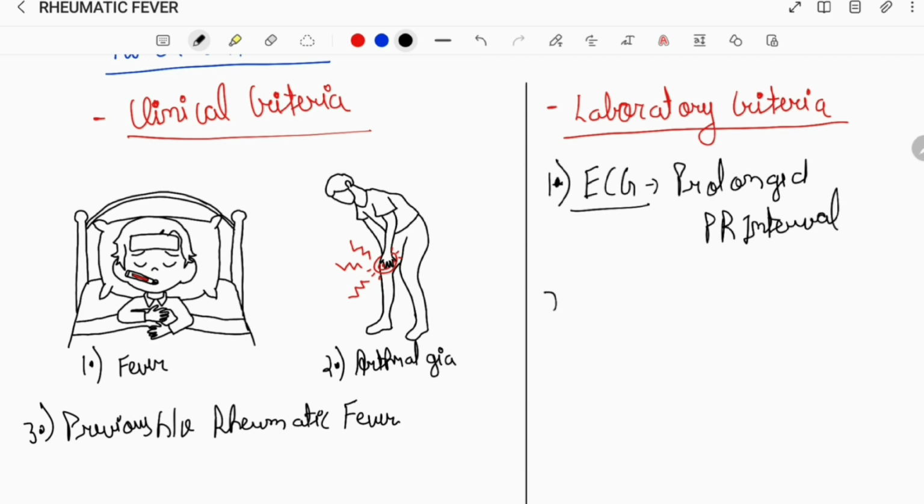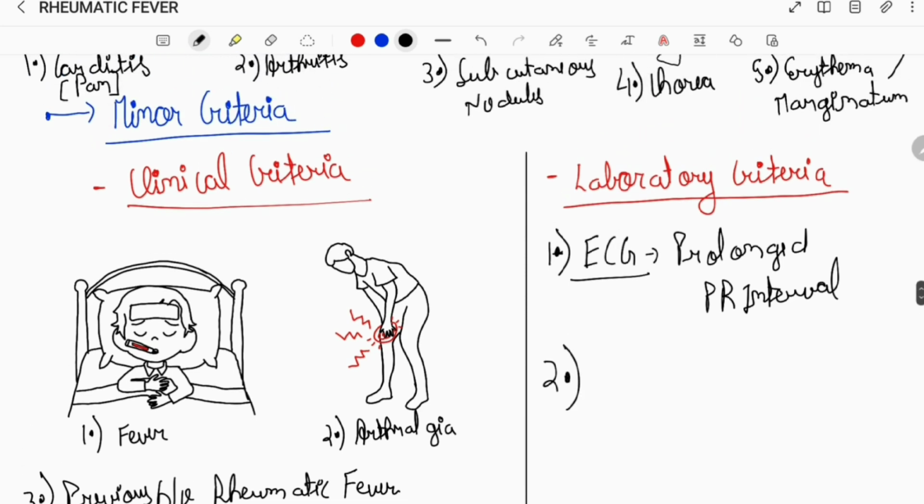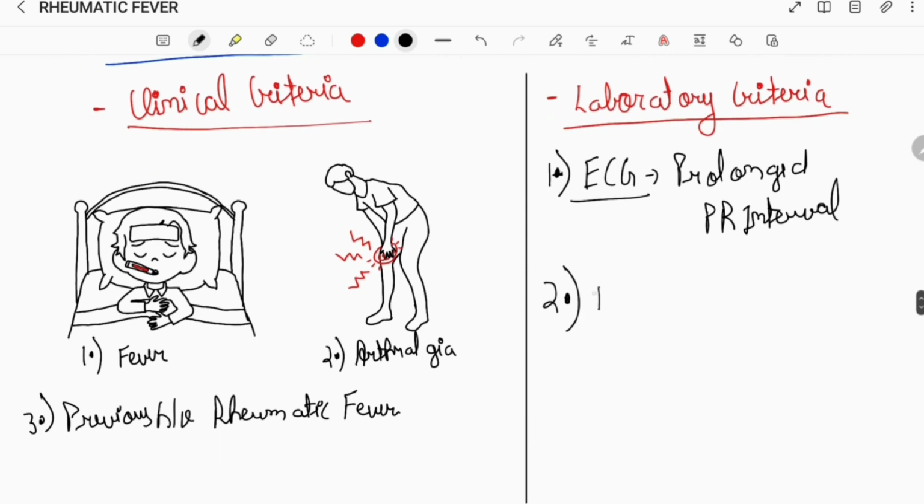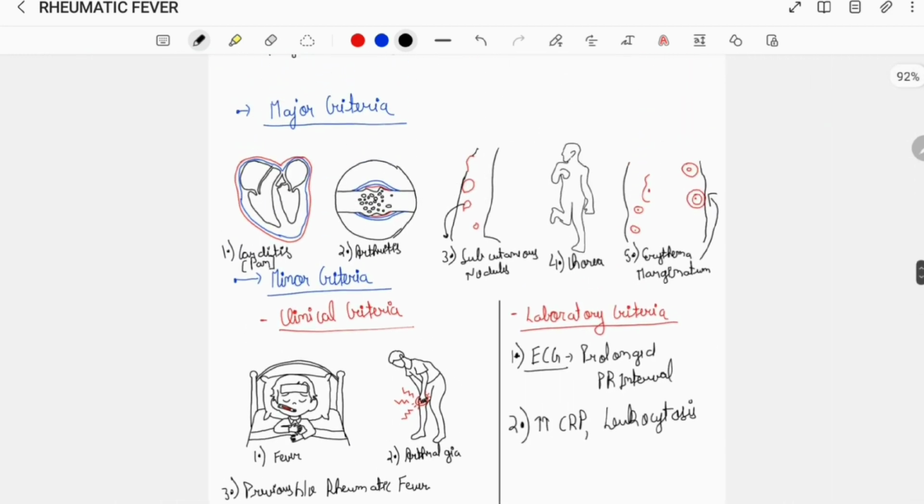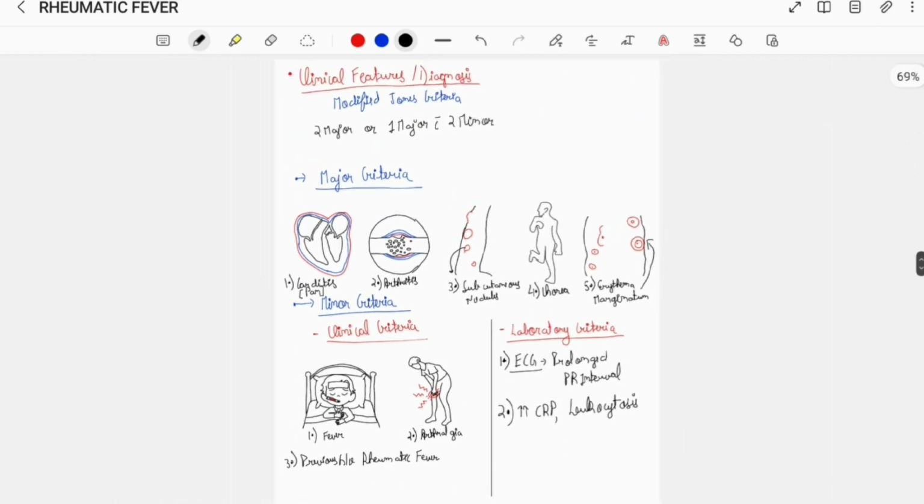And second, what we have are raised levels of acute phase reactants such as C-reactive proteins. Also, there may be leukocytosis. So this was about the criteria which are involved in major and minor category respectively.